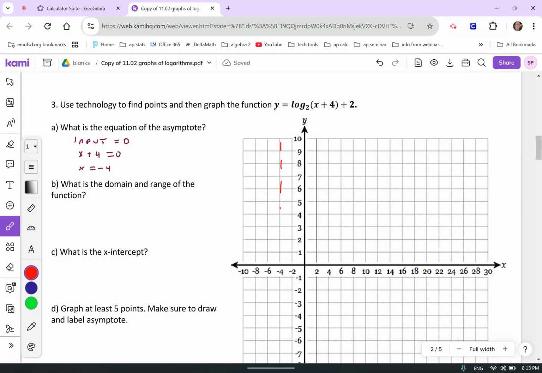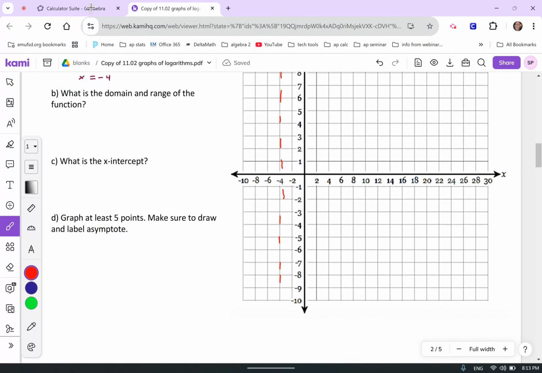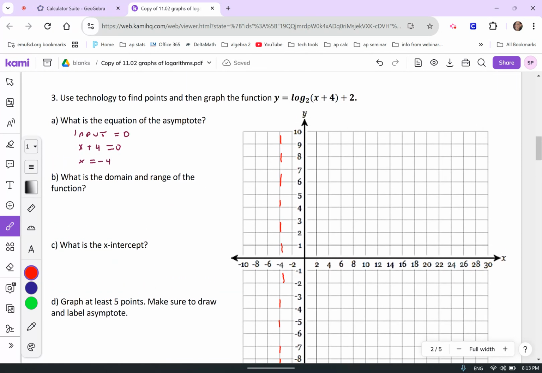So we normally graph it with a dashed line. And make sure to label. That's really important. The domain of the function is going to be greater than -4 as long as it's in this form. And so that would be -4 soft bracket to infinity.